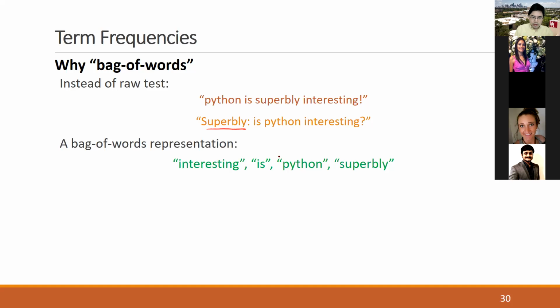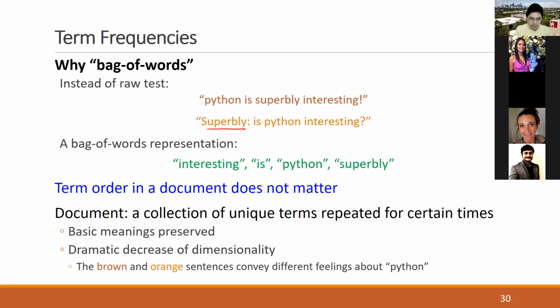So in bag of words model, the 2 data points are exactly the same. So you do see that the feelings are lost from this way of coding and modeling the data, right? Term order does not matter.